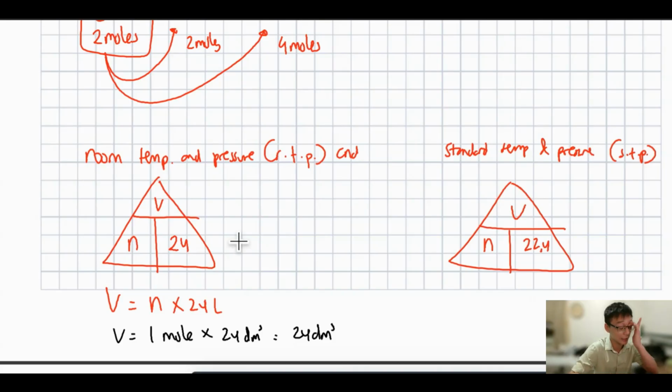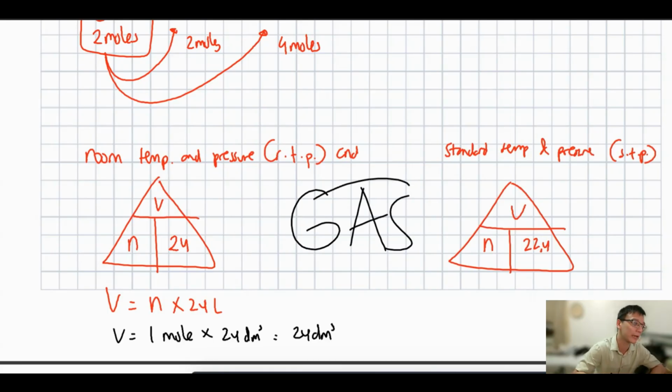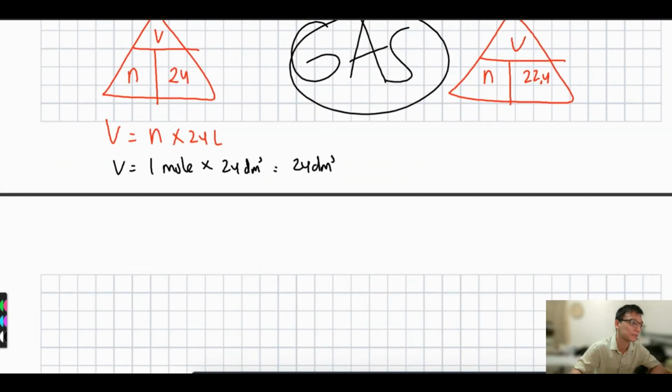So this is the second triangle that we need to learn, the connection between the mole and the volume. So 1 mole equals 24 decimeter cube. This is typically only for gas. Gas only. So if you are given a volume of a solution or a liquid, then you cannot use this formula. This formula is only for gas.